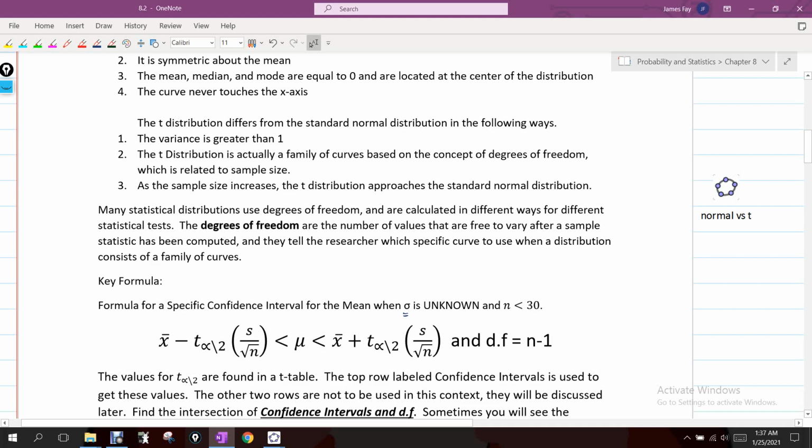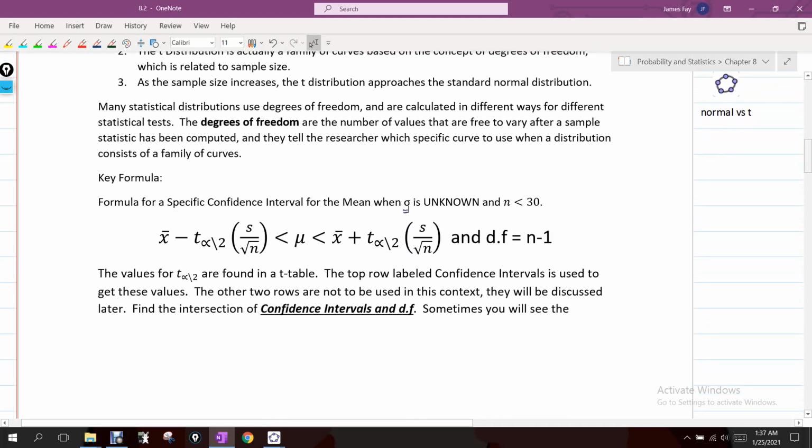So notation is very similar to what it was for the Z table and the confidence interval when the standard deviation was known. You're going to take your x bar, which is the sample mean, and subtract from it t sub alpha over 2, which is very similar to z sub alpha over 2.